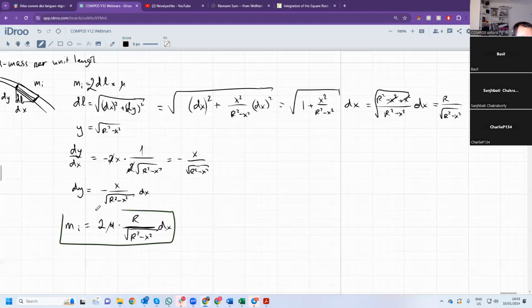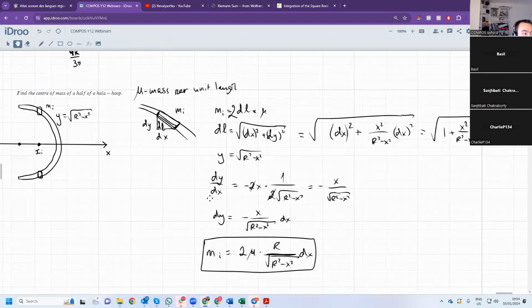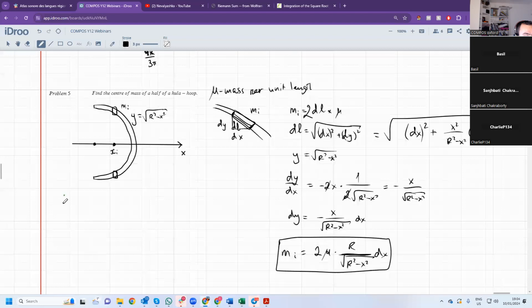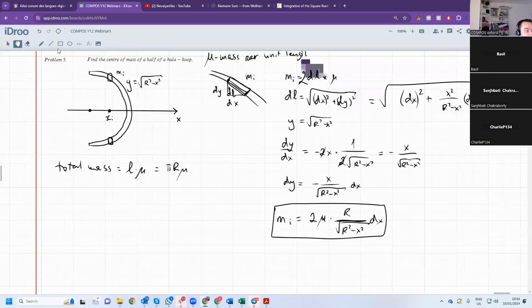Right, so this is m, and the total mass is the length multiplied by mu, and the length is pi r, because it's a semicircle. The length of the semicircle is pi r. Pi r mu is the total mass.